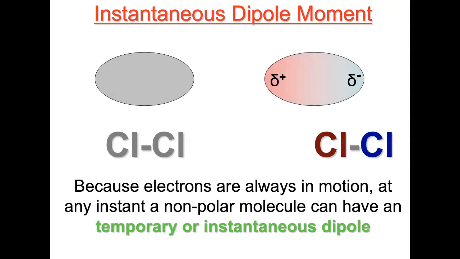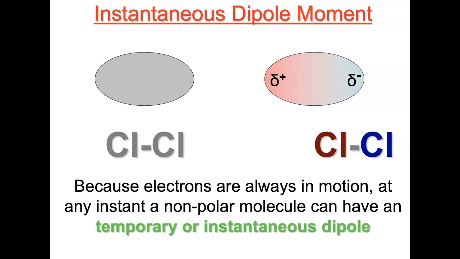But what could happen is there could be an electron come by or something happen. The diatomic molecule on the left, for some reason, gets polarized for just a moment, just temporarily, because the electrons, remember, are always moving.